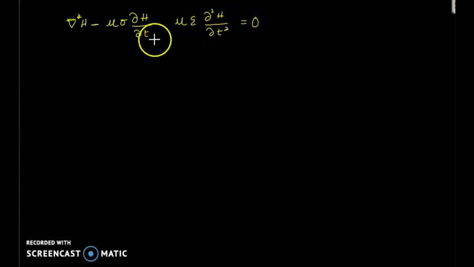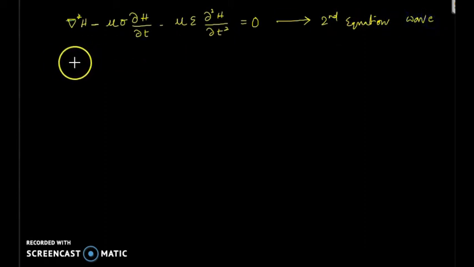Now we can again write this expression, del square H minus mu epsilon del square H by del t square is equal to 0. So this is the second wave equation.